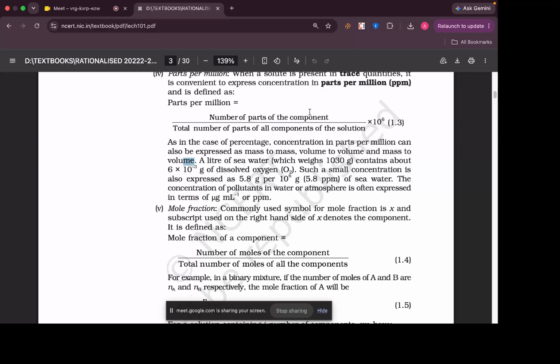Because any unit will be above and below, it will cancel, so at the end you will get a similar thing. A liter of sea water which weighs 1030 gram contains about 6 into 10 to the power minus 3 gram of dissolved oxygen. Such a small concentration is also expressed as 5.8 gram per 10 to the power 6, 5.8 ppm of sea water.